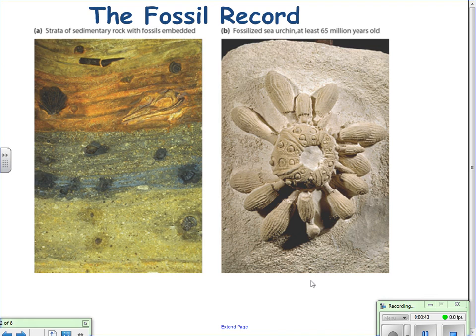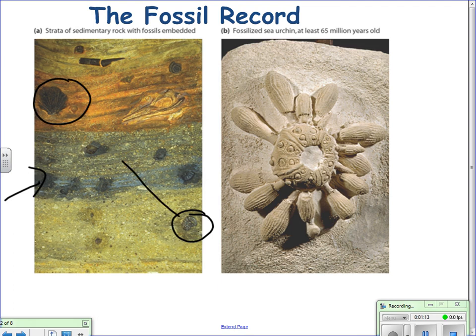But what we can do is see examples of organisms that have lived before within the fossil record and compare those with organisms that currently exist. So the fossils are organized into layers, and they're usually found in sedimentary rock. And we can notice that fossils that are lower in the strata of the sedimentary rock are older than fossils that are higher up.